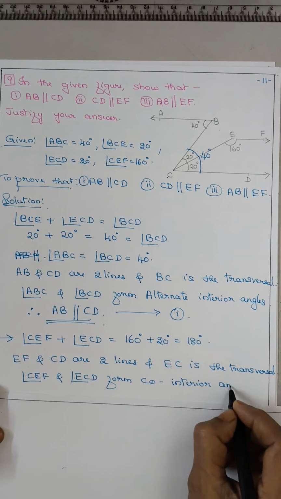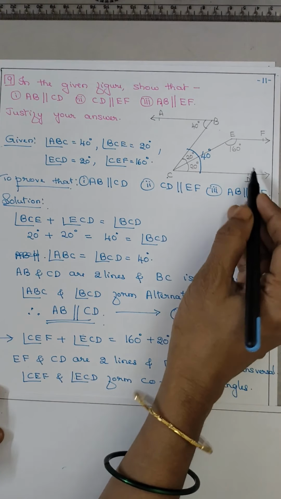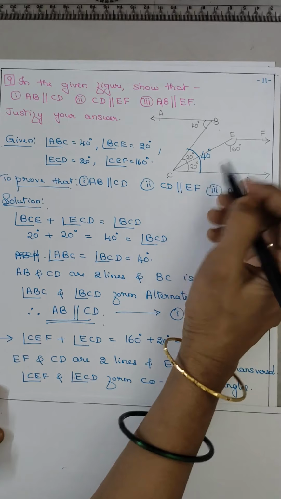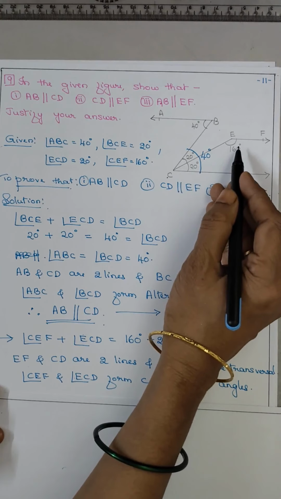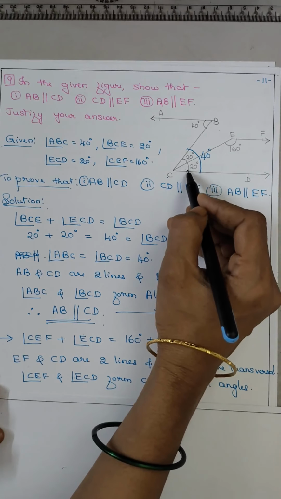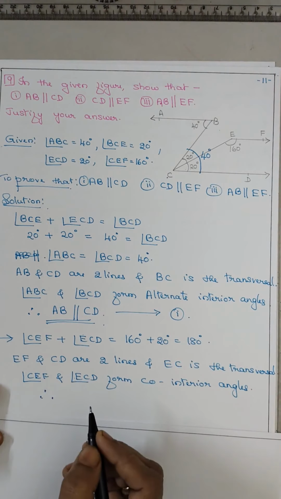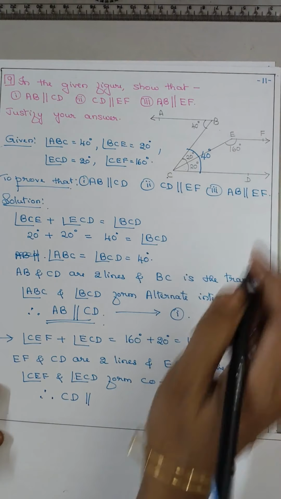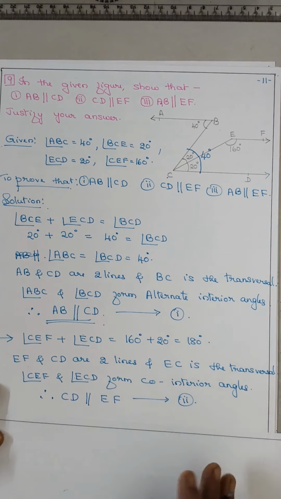Yes or no? Check. This is one line, this is another line and this is the transversal. So inside both lines, on the same side of the transversal, that is co-interior angles. So co-interior angles are supplementary, 160 plus 20. This small one we are giving. So that is why which two lines are parallel? Second one, CD is parallel to EF. That you got the second one.